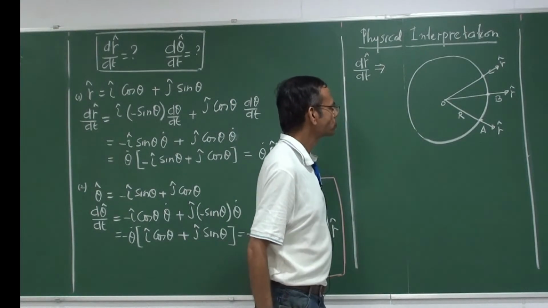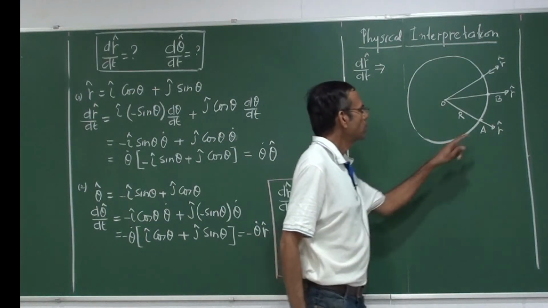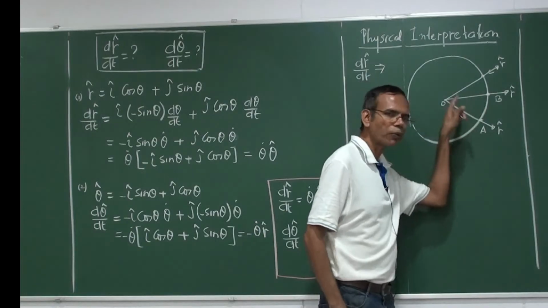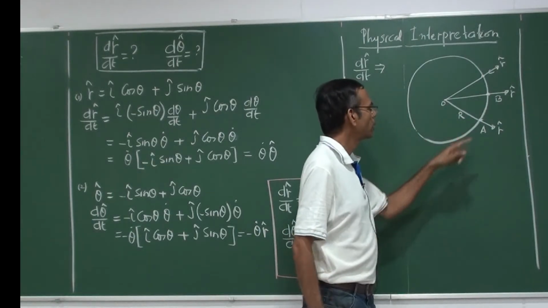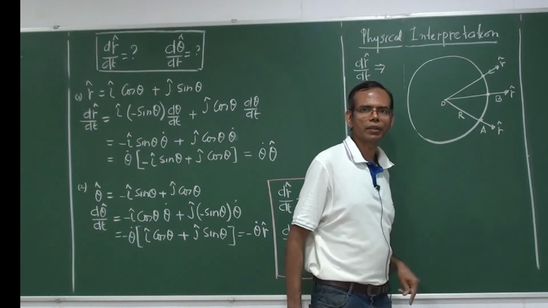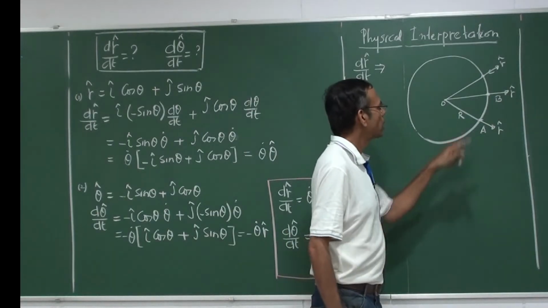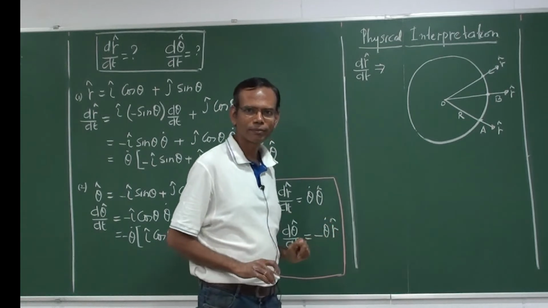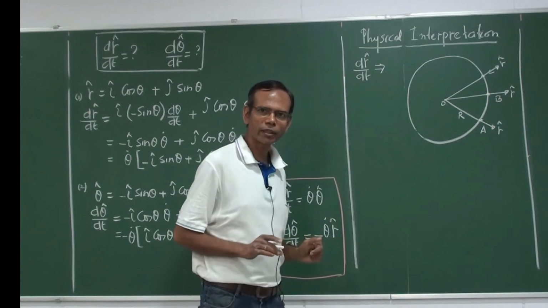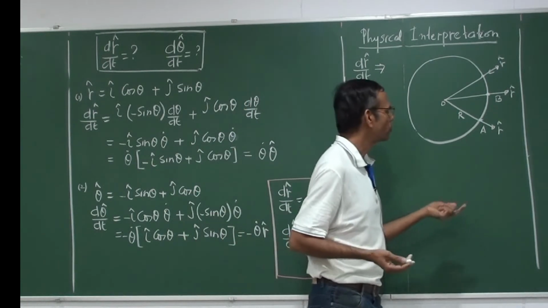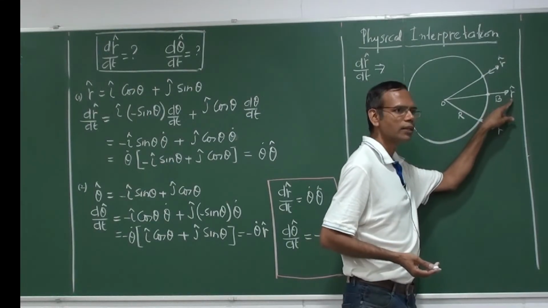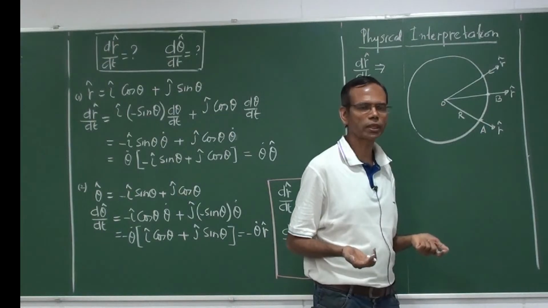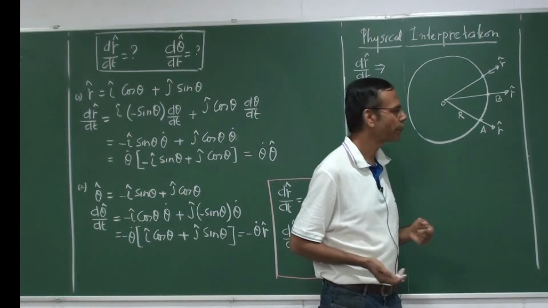Now, as this particle is going from point A to point B, this r cap vector is changing. Now, when this r cap vector is changing, I have to find out the derivative. How to find out the derivative? The way is this minus this divided by delta t, limit delta t tends to 0. That is how we find out the derivative.